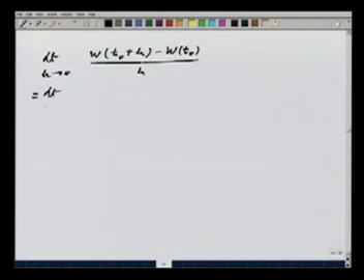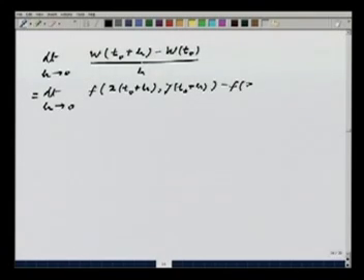This now is same as just by writing down the definition of w, that is f of x t naught plus h, y t naught plus h, minus f of x t naught, y t naught, divided by h.